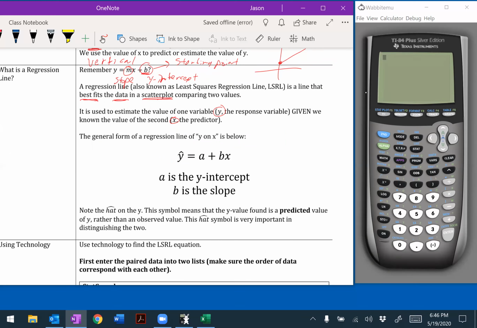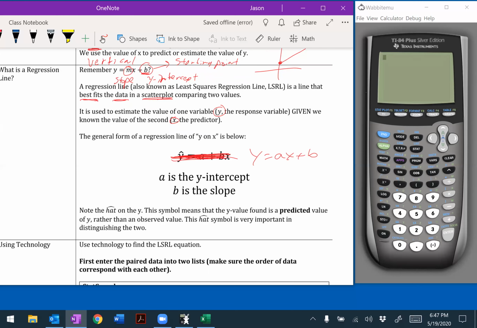Now, I'm not going to use this one. I'm going to use y equals ax plus b. I'm just going to swap the a and the b. It's really the same. Don't freak out about that too much. I just want it to correlate to what I'm doing on the calculator. The calculator reverses the a and b, and I don't want you to get confused. I have to update this in the notes.